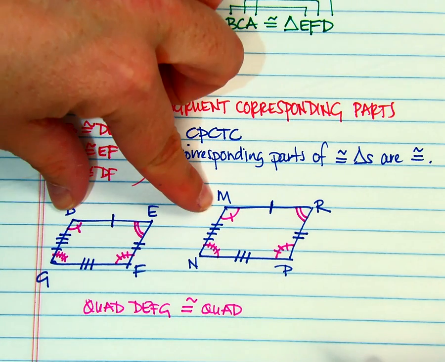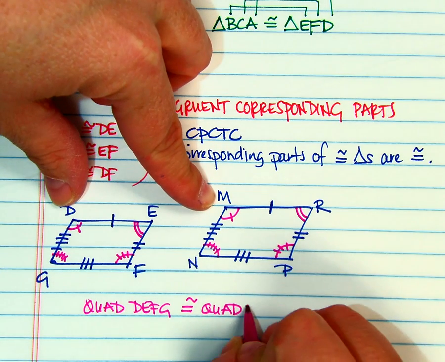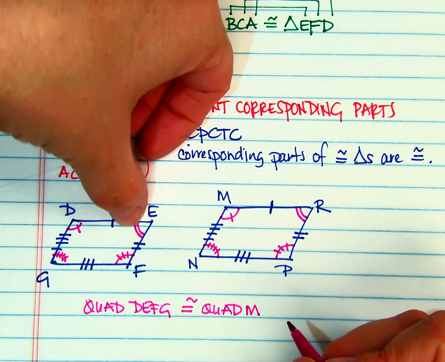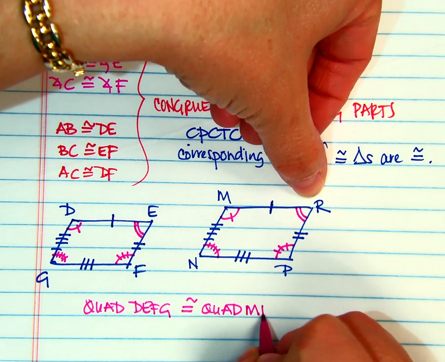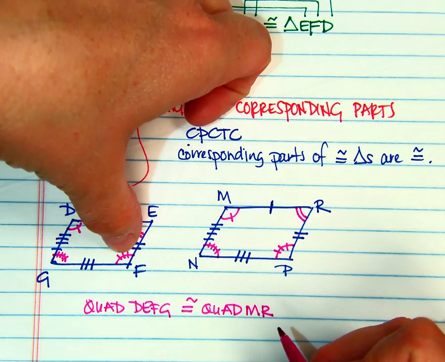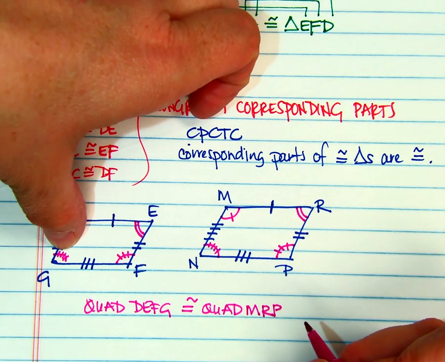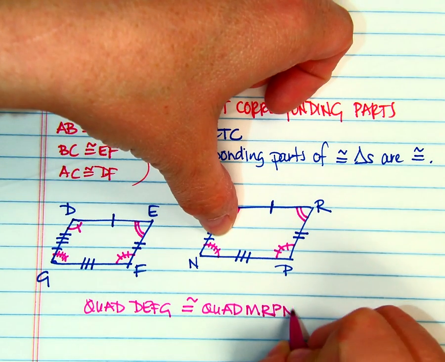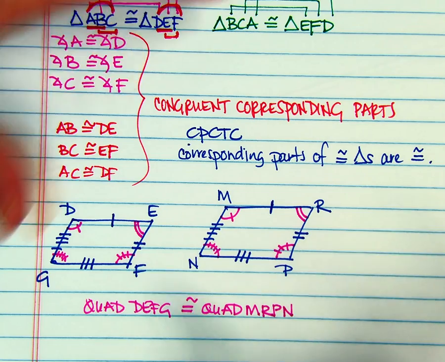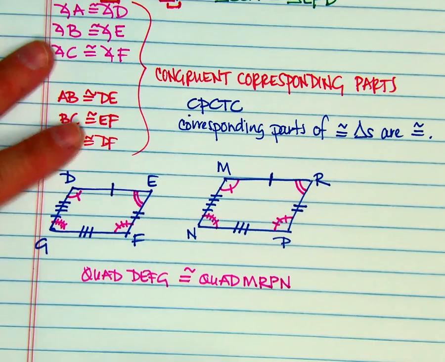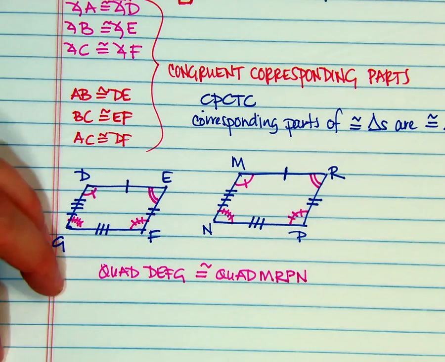D has the same number of tick marks as M. E has 2 tick marks, so does R. F has 3, so does P. And then G has 4, and so does N. So sometimes you might see that these are flipped or rotated. And again, those are called corresponding parts.